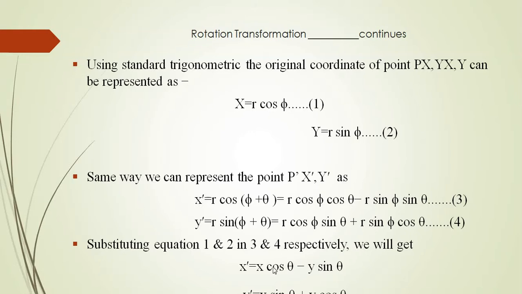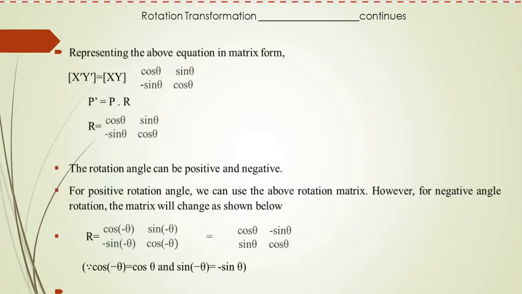Substituting equations 1, 2 and 3, 4 respectively, we get the answer: x dash is equal to x cos theta minus y sin theta, and y dash is equal to x sin theta plus y cos theta.